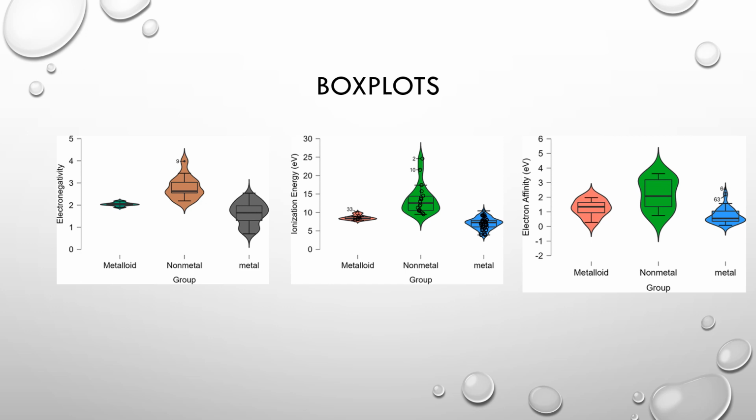I thought that was very interesting, considering that most of their box plots showed that metals had higher properties. So it was kind of interesting to see the non-metal group take over in these at the electron level and at the ion level.